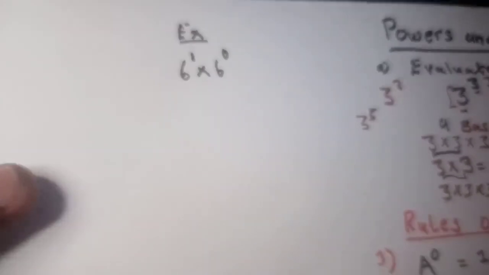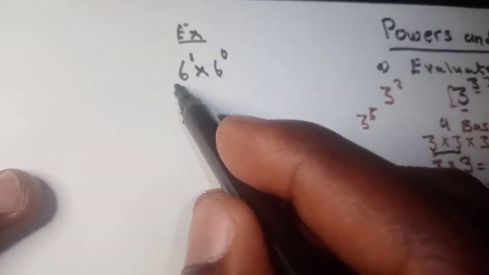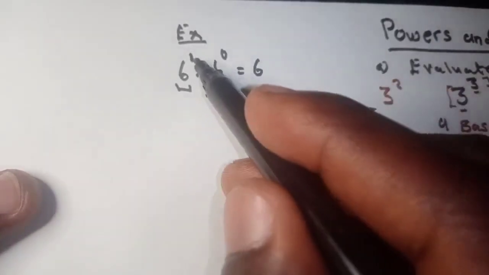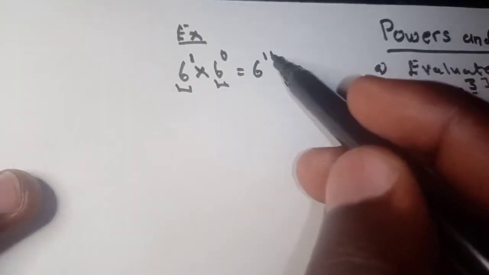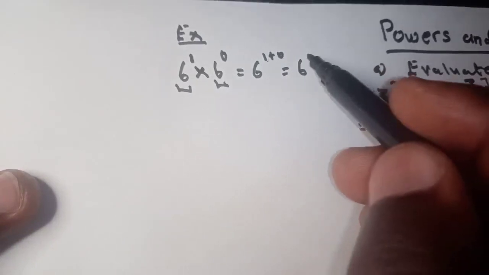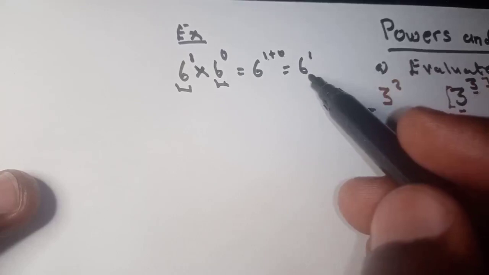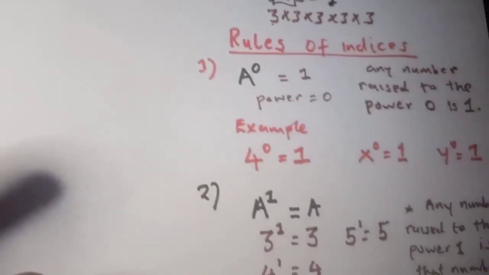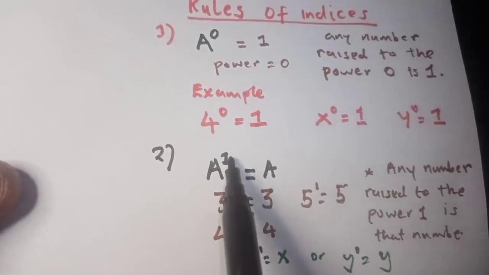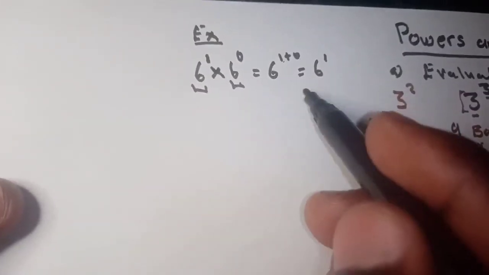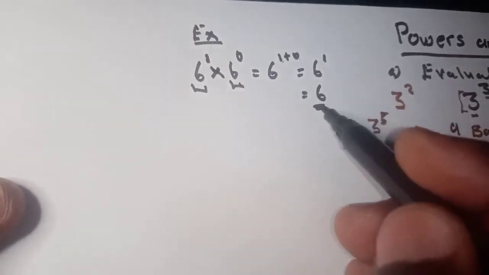You notice the first thing is multiplication, and the bases are the same, so this is going to be 6, add the powers 1 plus 0, that is 1. 6 raised to the power 1, what did we say? According to this rule here, anything raised to the power 1 is that number itself. So 6 raised to the power 1 is automatically 6.